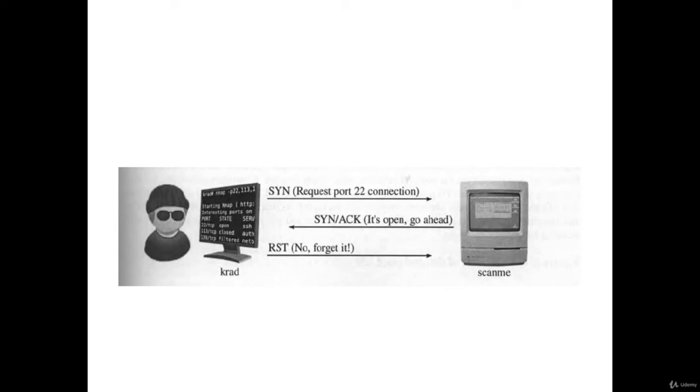If you have forgotten what packet headers look like, this is the first step in the TCP three-way handshake that any legitimate connection attempt starts with. Since the target port is open, Scanme takes the second step by sending a response with the SYN and ACK flags back.